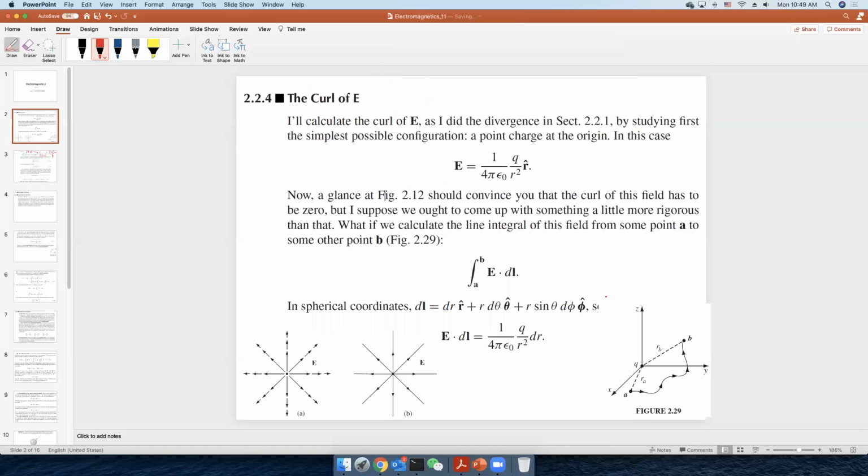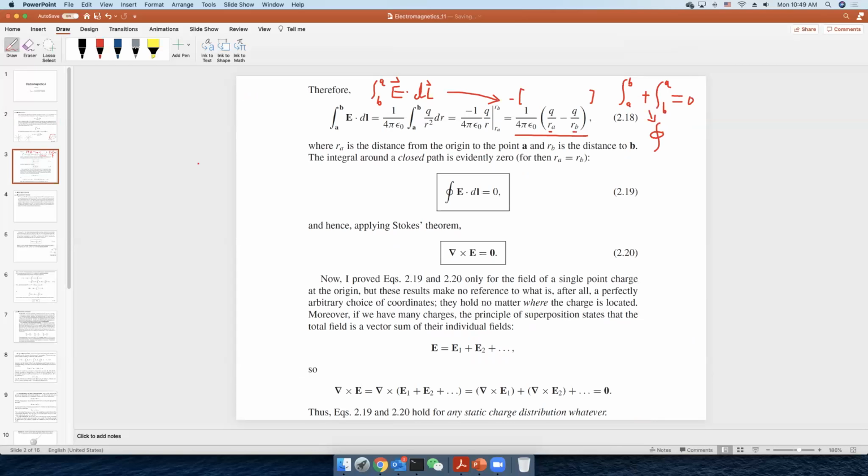Because you can imagine, going back to this line integral, you first do an integral from A to B, and then you do an integral from B to A, then that's a whole circle. That means the integral over a closed path is 0. And then applying Stokes' theorem, you will get the curl of E equals 0.